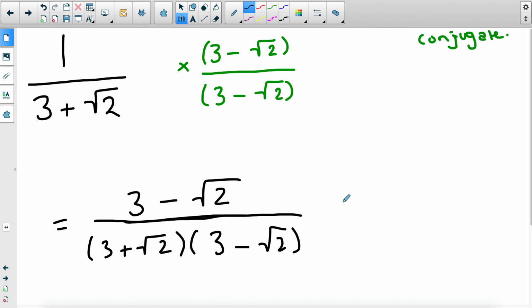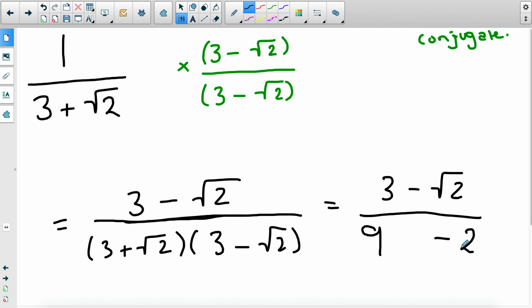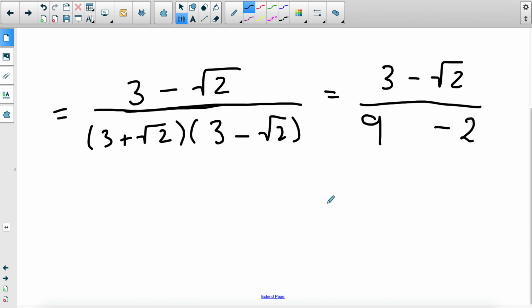I have the same terms inside, one with a plus, one with a minus, so I just need to square the first one minus square the second one. So this will be 9 minus 2, which is 3 minus square root of 2 over 7.